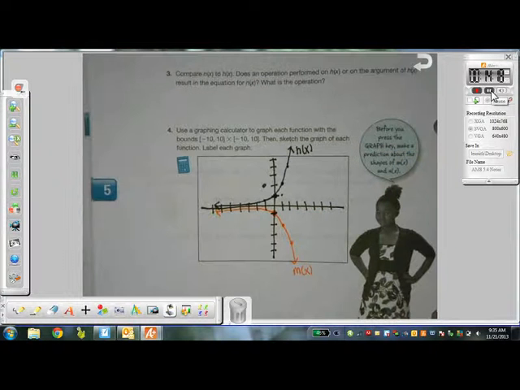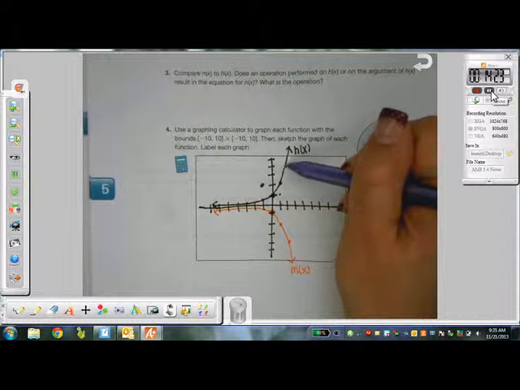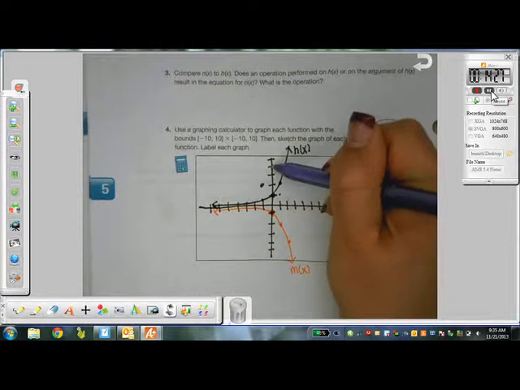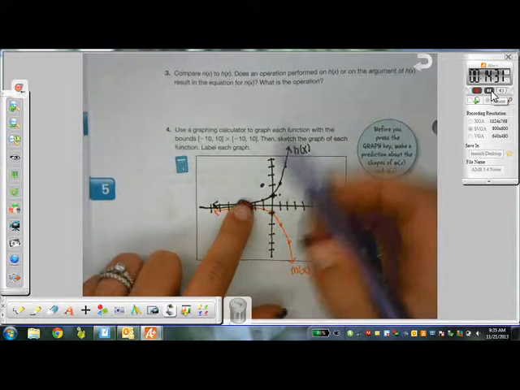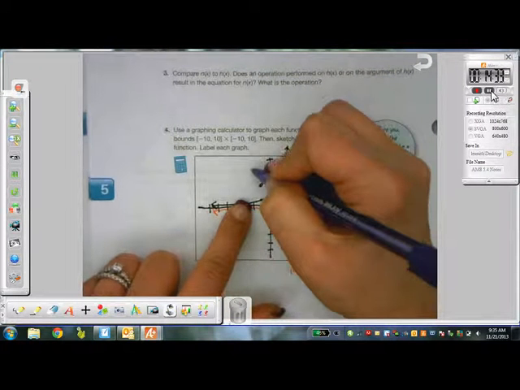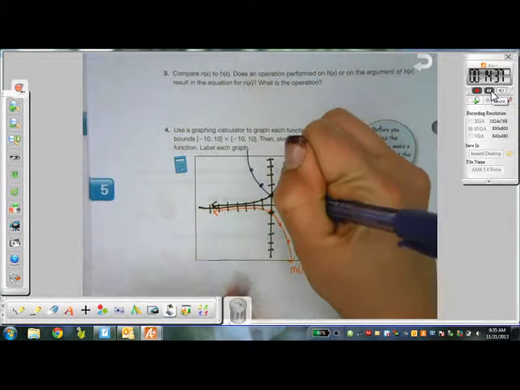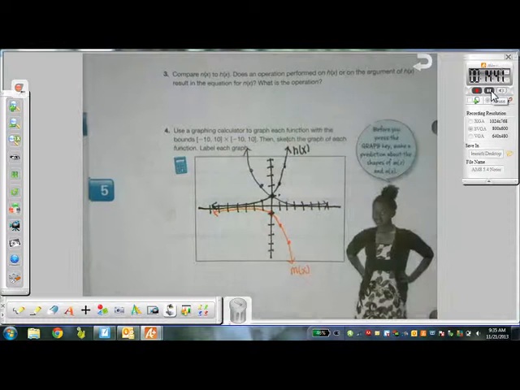So if my y value was positive 4, in the basic the x was positive 2, so if I wanted to keep that y value of 4, what x would I plug in? Negative 2. So just the x has changed, right? And then it gets really close, but doesn't actually touch. Label that one n of x.